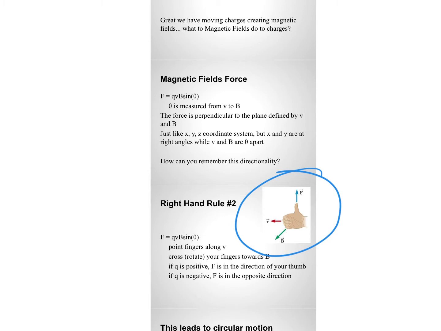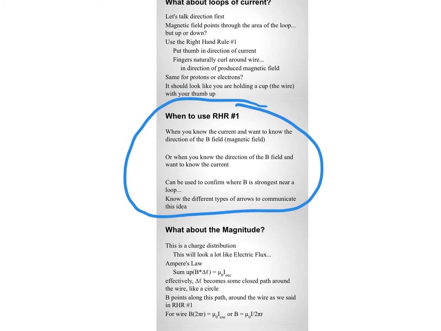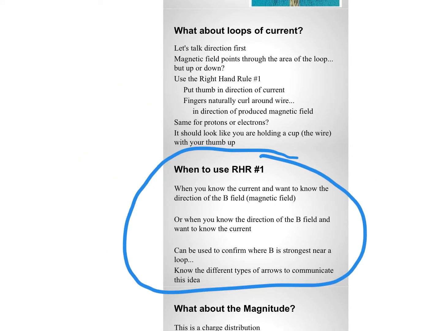Otherwise, you need to be consistent with whichever version you found elsewhere. But I highly suggest that you find one right-hand rule and stick with it when it comes to the forces right-hand rule. The sources right-hand rule, on the other hand, has a lot more versatility to it, but it's only for a current creating a magnetic field.